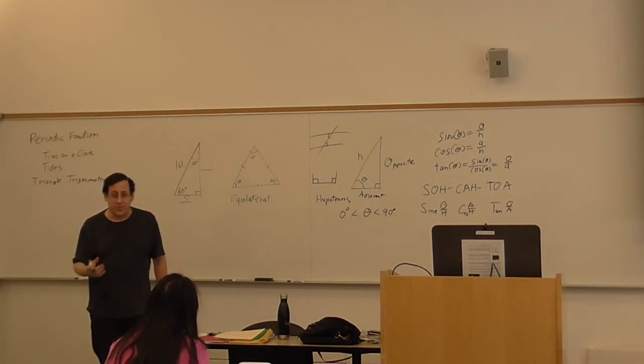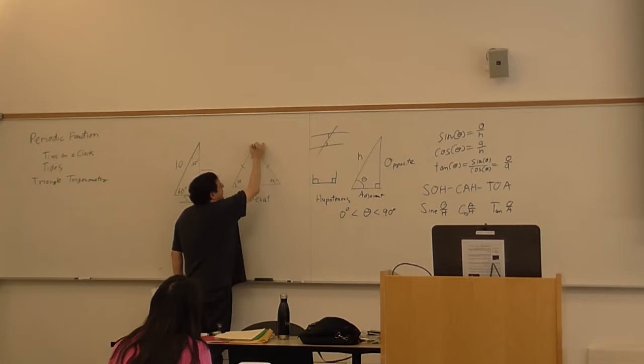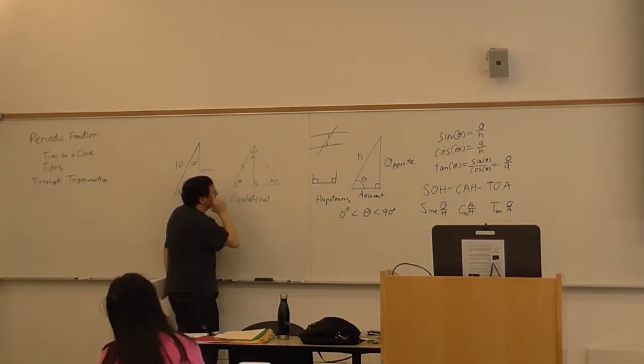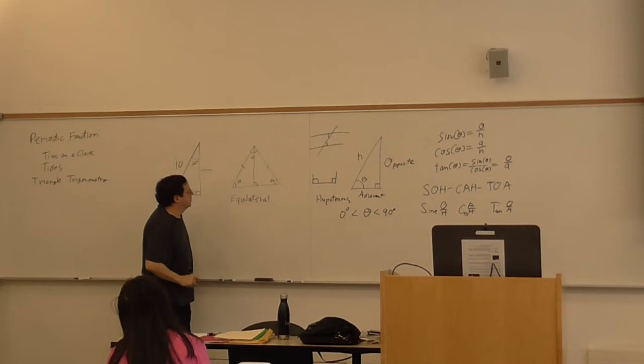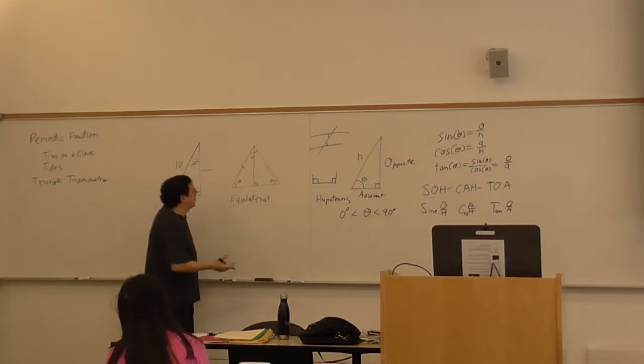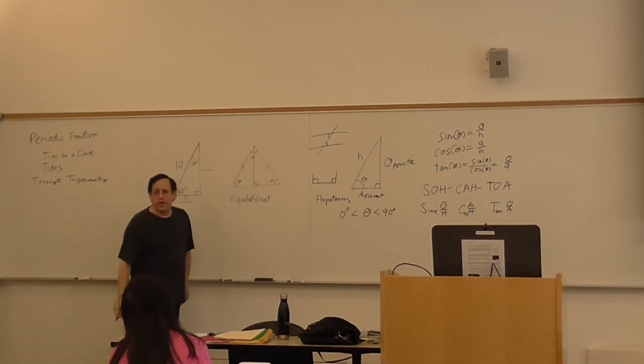Here's how you take the next step. You take the apex here and you drop a perpendicular. That's a line from a point to another line that makes a right angle. That perpendicular, what does it do? It breaks it up into 2 congruent triangles.